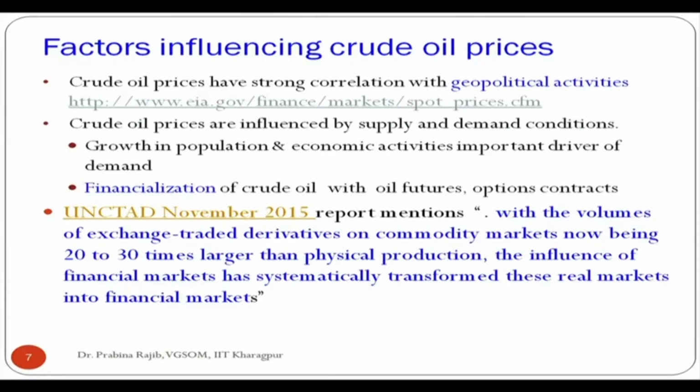With this, we will end today's session on the factors which influence crude oil prices. Just to summarize what we discussed: we started with the movement of the 3 marker crudes, WTI, Brent and Dubai Fateh, and analysis of the prices.